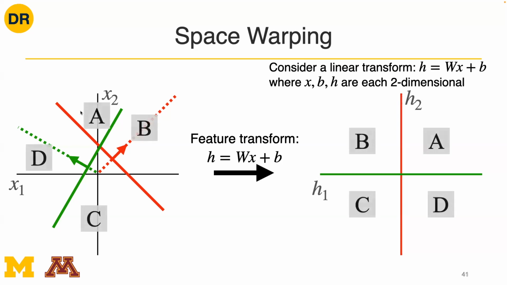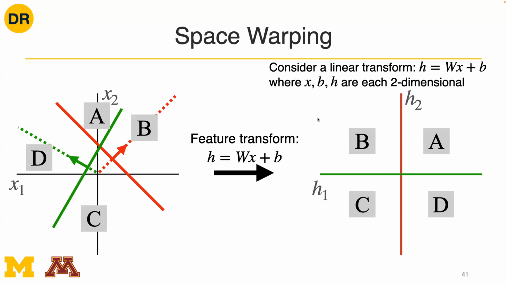The short of it is that we can say for sure that any point that falls into region A will have a positive score along the h1 dimension of this transformed space, and also a positive score for the h2 dimension. If we now start thinking about what this feature transformation is doing, let's consider space in terms of the hidden dimensions h1 and h2.